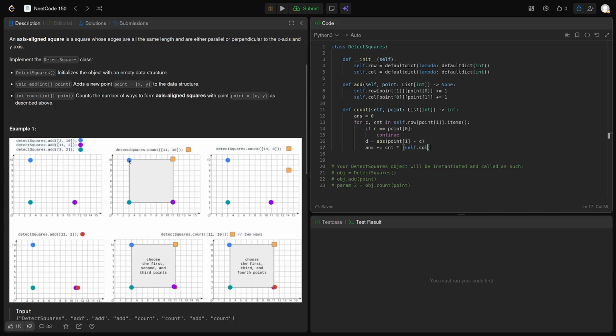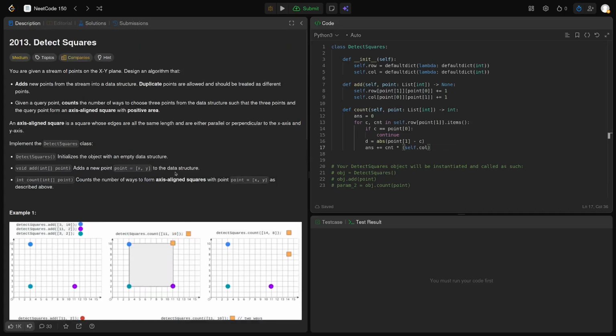Distance is point[1] minus column, so 8, and then we want to do ans plus equals count, which is how many points are here, such that the 3 points and the query point form a square.